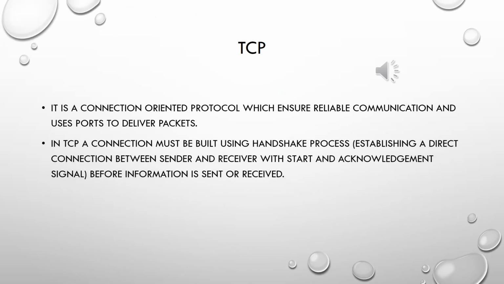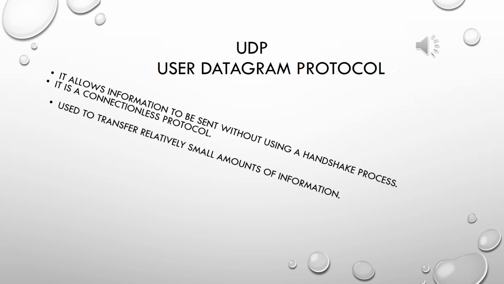Transmission Control Protocol is a connection-oriented protocol which ensures reliable communication and uses ports to deliver packets. In TCP, a connection must be built using a handshake process. In the handshake process, it establishes direct communication between sender and receiver with start and acknowledgement signals before information is sent or received.